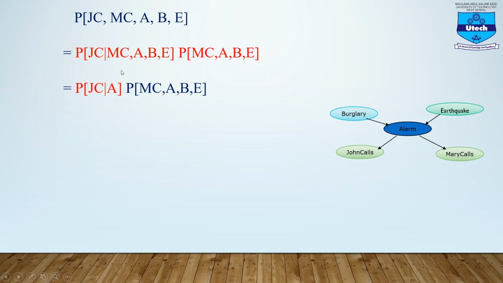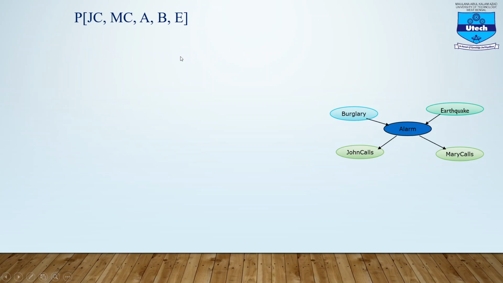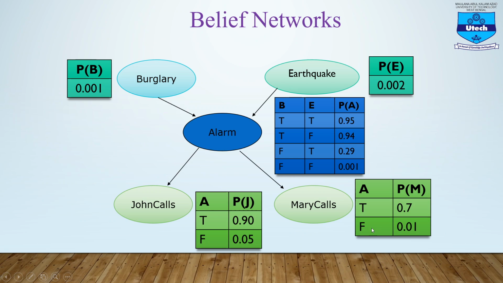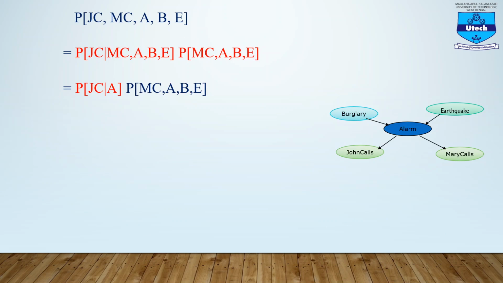Now, you can see over here, this should be the parents of xi. So now, come over here. What are the parents of John calls? There is only one parent of John calls, that is the alarm.